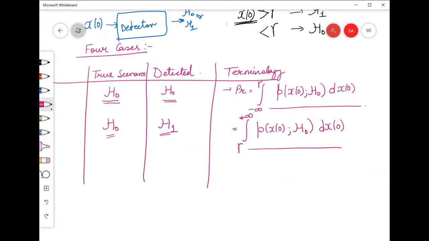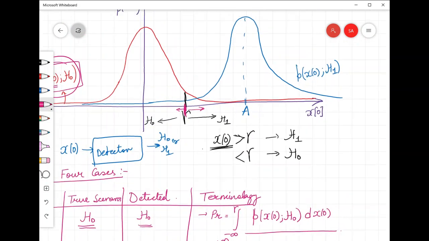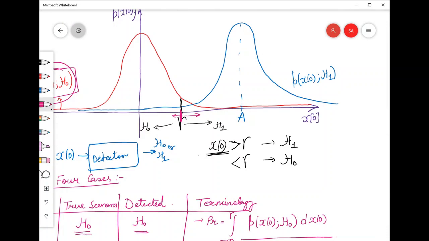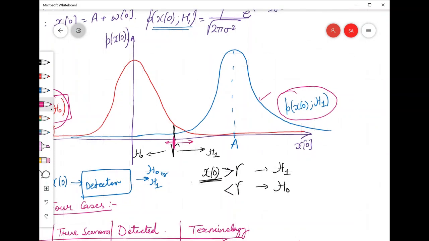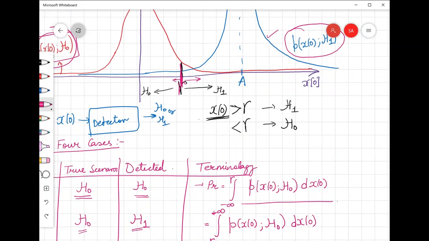The same thing you can do with hypothesis 1 also. Suppose there was signal present, so hypothesis 1 was truly correct. So you are going to draw x0 from this particular PDF, the blue color PDF. If you get x0 to be greater than gamma, then you detect your hypothesis 1 to be correct.